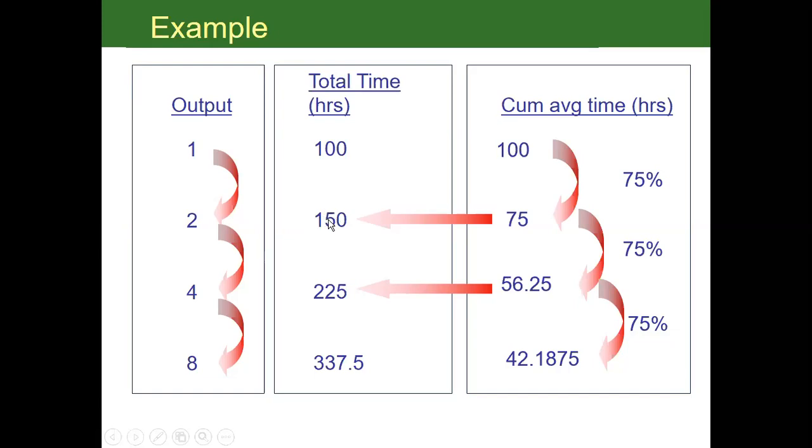So per unit it is 75, and for 2 units it is 150. For 4 units it should be double, 300, but it is not 300. It is 300 multiplied by 75%, which is 225. And similarly for others. Now let's move to the Excel file where we can see it in a better way.